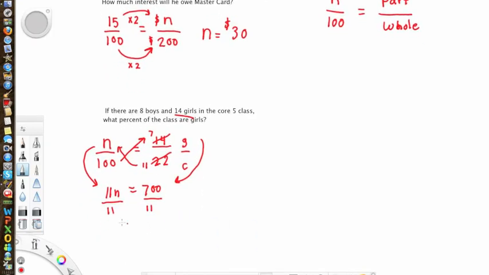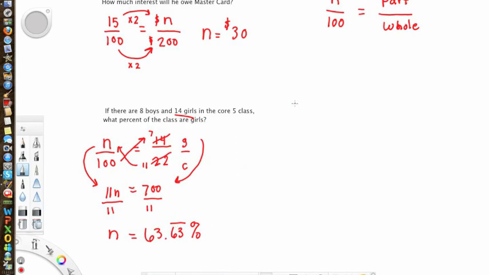I will then have n is equal to 700 divided by 11, which I punch in the calculator, and it's 63.63, and this is a repeating decimal, and that's a percent. It's 63.63 out of 100, or 63.63%. That is my final answer.